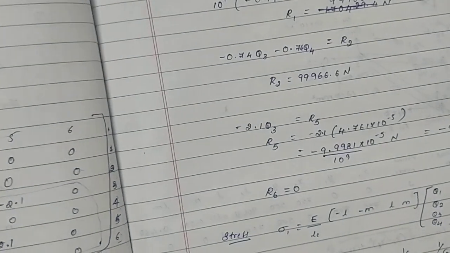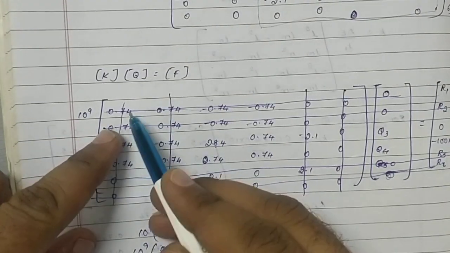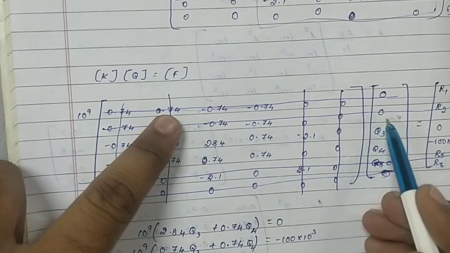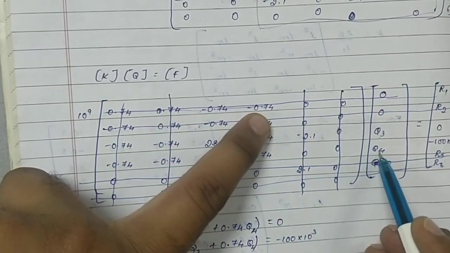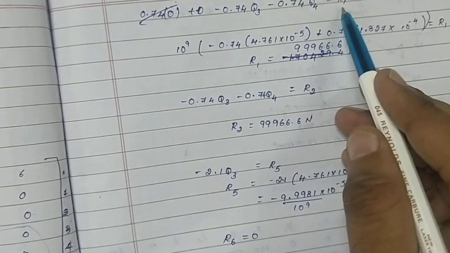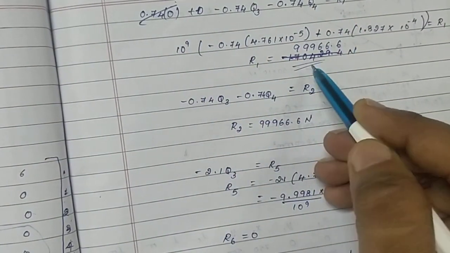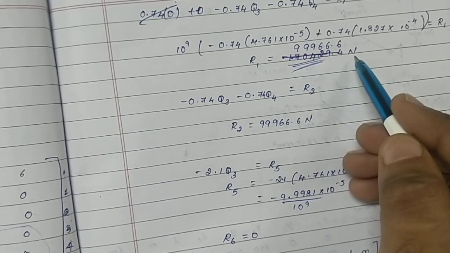Okay, next to find the reactions, similar to the bars. R1 is equal to 0.75 into 0, 0.75 into 0, minus 0.75 into Q3, minus 0.75 into Q4, 0, 0, 10 power 9 common. Similar equation. You will get R1 as 99966.6 Newton.